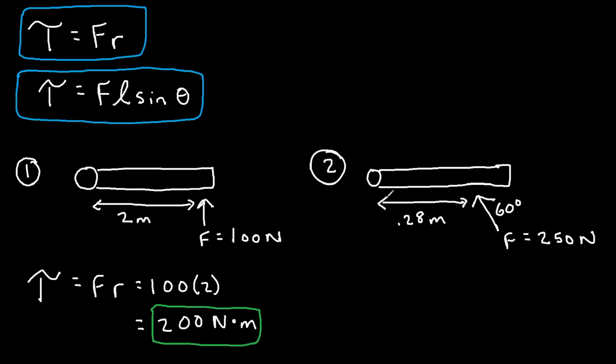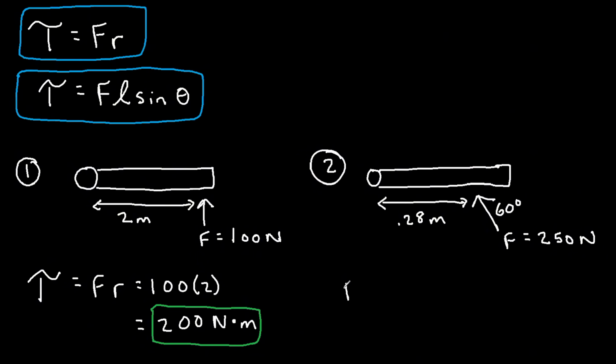Now let's check out this second example. We're applying a force of 250 newtons, and this acute angle between the force and the door is 60 degrees, and we're applying it 0.28 meters away from the axis of rotation. So in this case, since we're applying the force at an angle, we'll need to use this second formula that we derived.